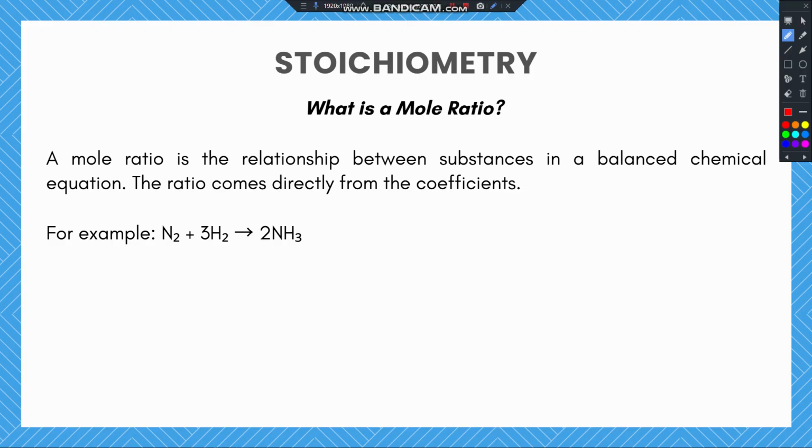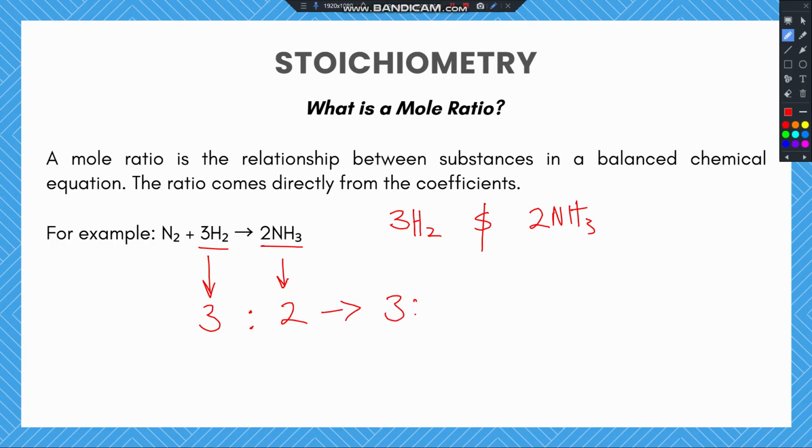Another example, if you're asked to find the mole ratio that exists between hydrogen and ammonia, now you can see the two of them. Hydrogen is over here, ammonia is over here. So let's extract their coefficients. For hydrogen, we have a 3 standing in front of it, and for ammonia, we have a 2 standing in front of it. That leaves us with the mole ratio of 3:2.